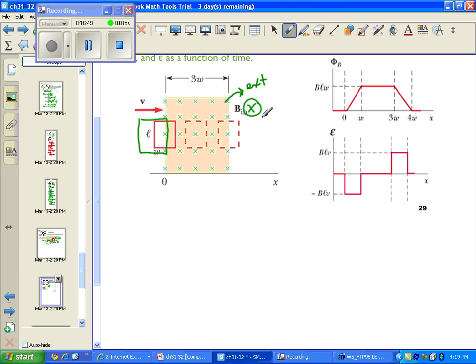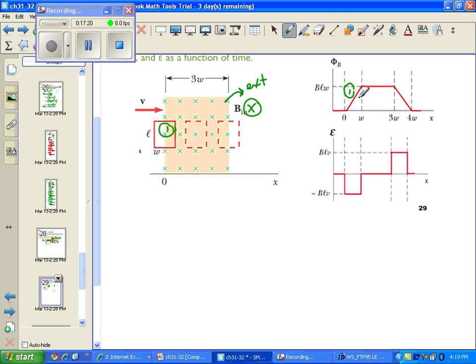Now it begins to enter, so let's call this position 1, which means it's right here. And I'm going to just go ahead and get my eraser out to get rid of the green so that we don't get that confused. This is position 1, where you can see that the loop went from no magnetic field lines cutting through to magnetic field lines cutting through.